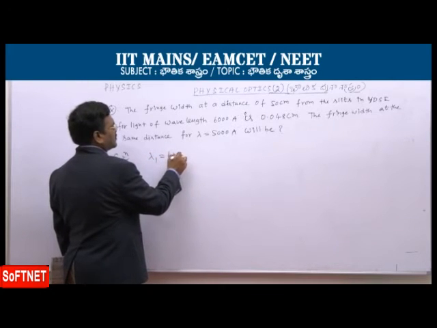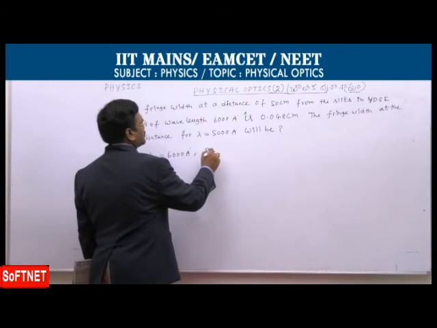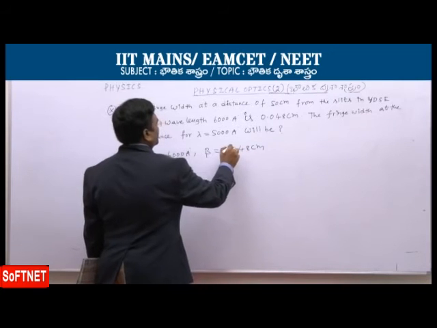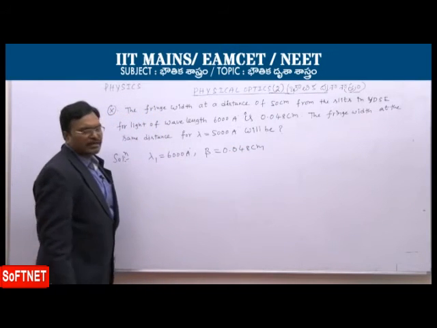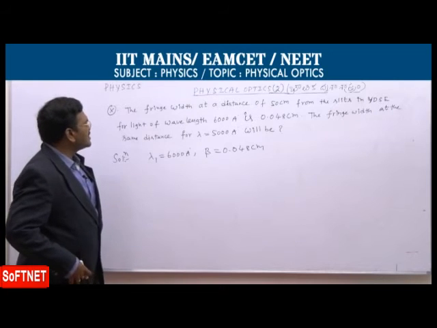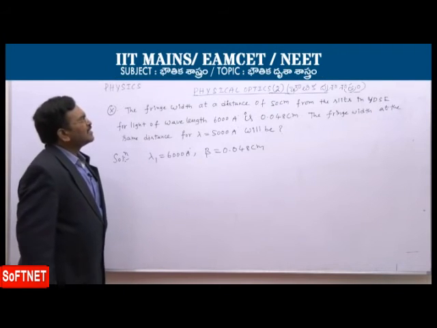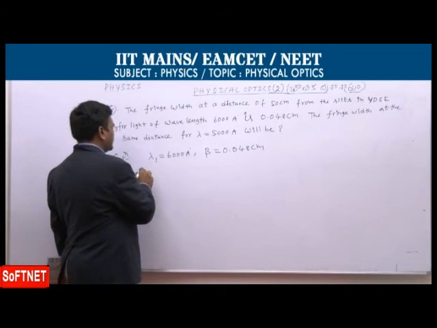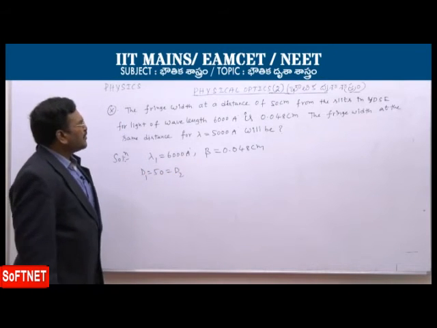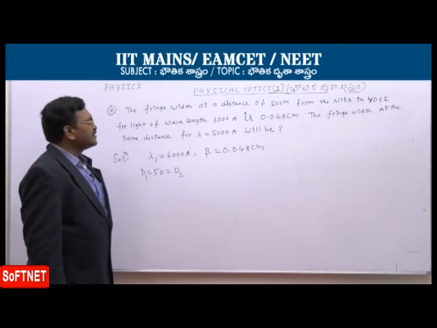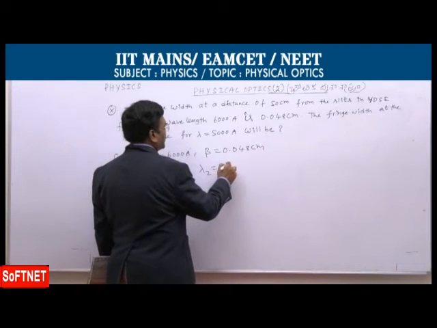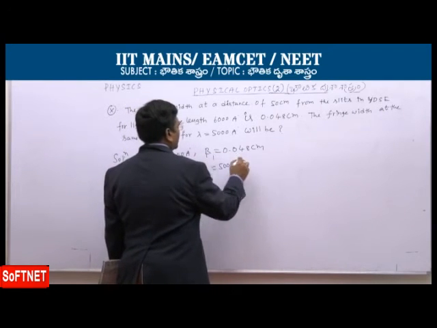Lambda 1 is 6000 angstroms and the fringe width is 0.048 centimeters. The distance of the screen is given as 50 centimeters, so D1 is 50 and D2 is also 50. The fringe width at the same distance for lambda equal to 5000 angstroms: lambda 2 is 5000 angstroms, and we want to calculate beta 2.